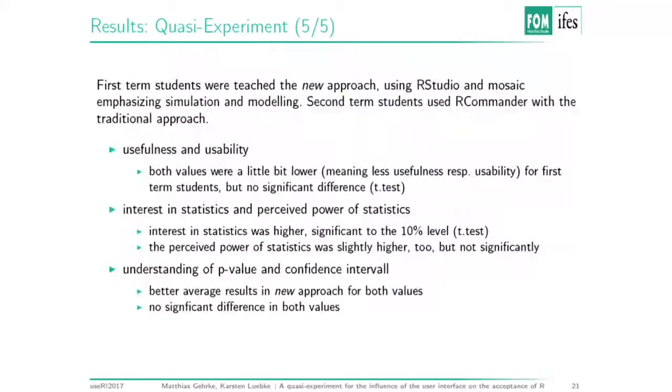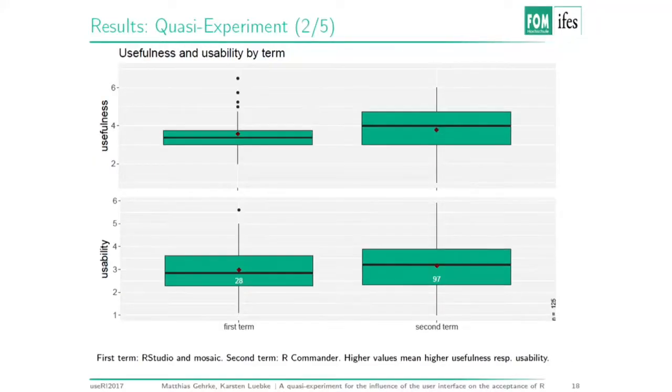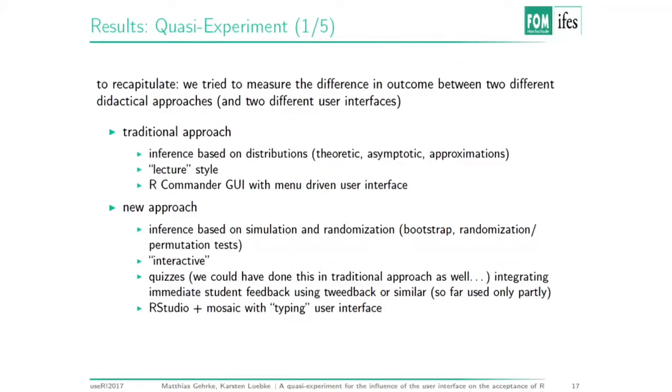One important thing was we added some quizzes, so you can answer yes, no, and it gives an immediate student feedback because we're using some software like TweetBack or so.